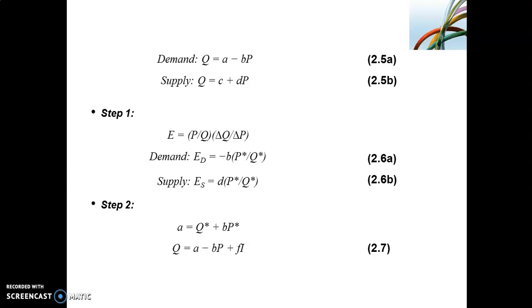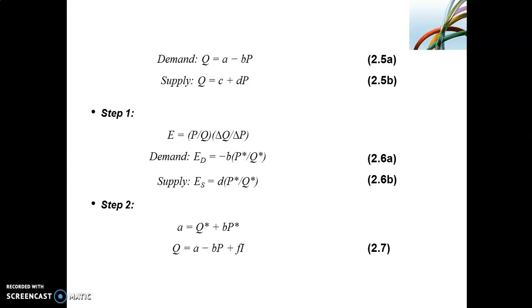Thus, our equation for 2.5a can be rewritten such that A is the subject of the formula, and since we have our equilibrium price and quantity, and we were able to determine our parameter minus B, we can now solve for A. And once we have those unknowns, we have in fact derived our linear demand curve, and similarly, you'll be able to derive your linear supply curve.